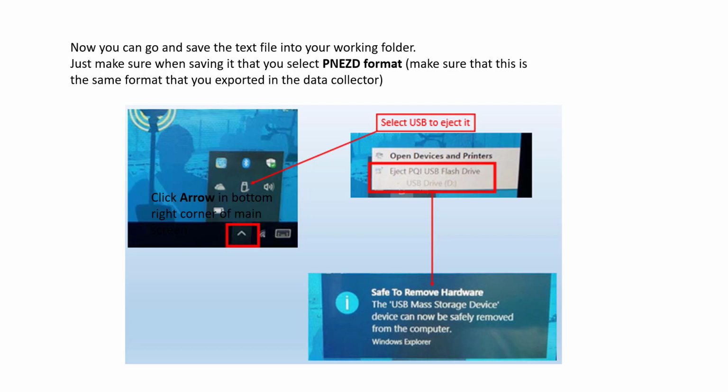Go ahead and eject that until it says safe to remove the hardware. The only reason I say this is sometimes if you don't eject that, it will erase any information on that USB drive. So just take that into consideration. It's just like your computer that you use every day. You have to make sure you eject that USB drive.